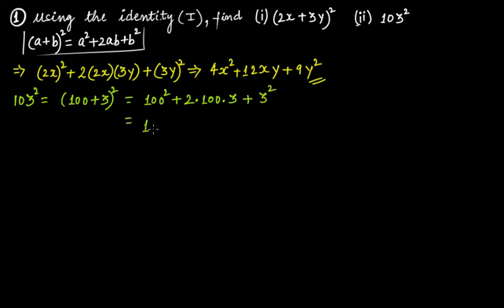So 100 squared is 10,000, plus 600, plus 9. If you solve it, you'll get 10,609. So this is the answer for this one using the identity 1.